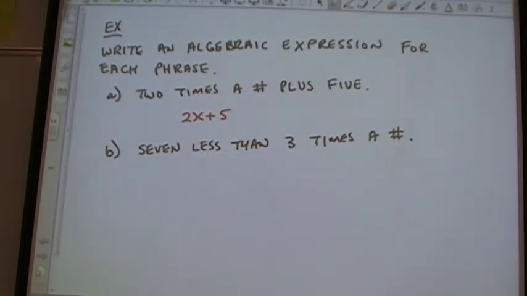Very good. Just because they put the 7 first doesn't mean that's the part that goes first in your expression. Does everybody understand how we came up with that answer? That's where I said you gotta be very careful with subtraction and division. So 7 less than means we're taking 7 away from 3 times the number. All right? Let's do one more.